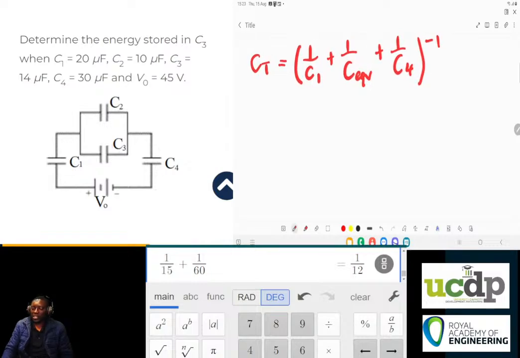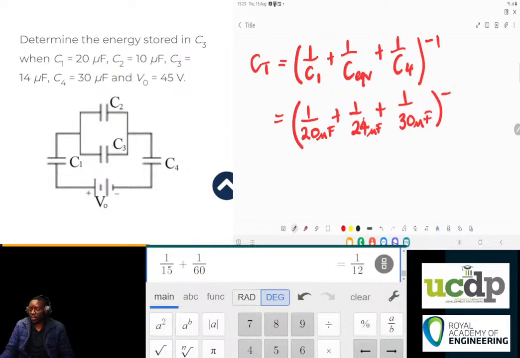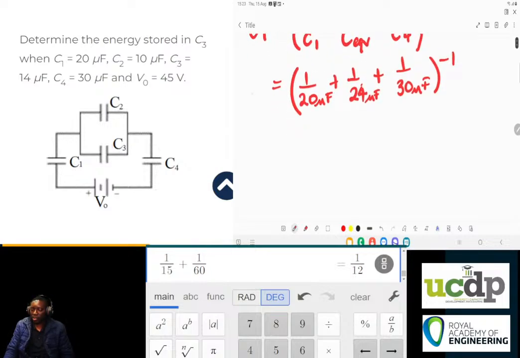You would say 1 over CT equals 1 over C1 plus 1 over C2 plus 1 over C3, as you go on if you have your series capacitors connected like that. So this becomes 1 over C1 being 20 plus 1 over 24, which we have already calculated, plus 1 over 30, all in microfarads. After adding that, we invert that sum. So that should give us the total capacitance of this system.